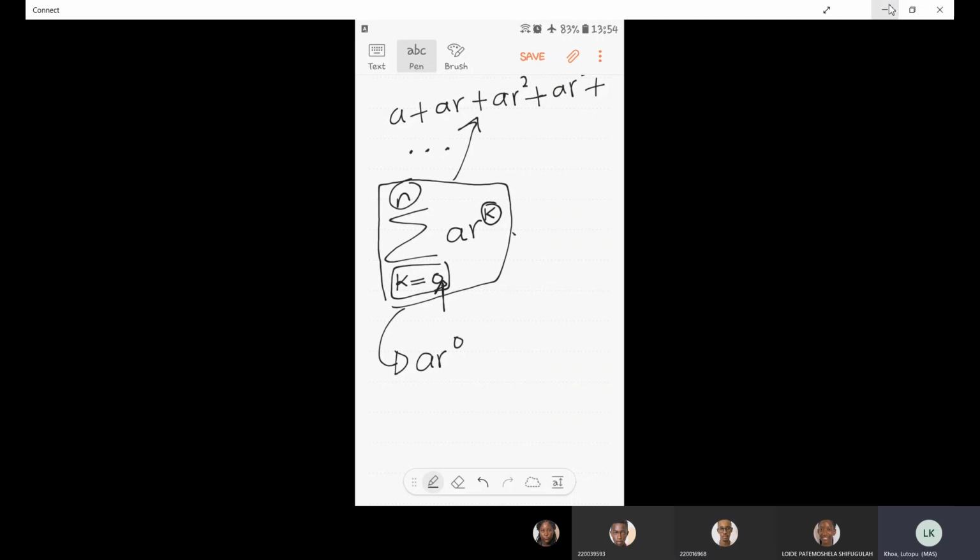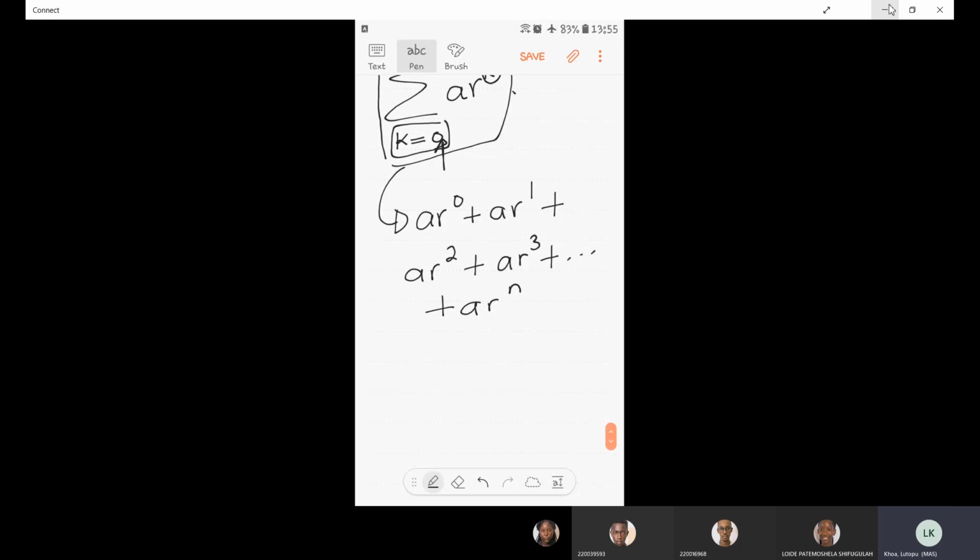So the first one, you start k is 0. Then the next step, you substitute k is 1, so you have a r^1. Then the next one, k is 2, a r^2. Then after that, k is 3. And then you keep going until you get to your n over there. So you'll only stop when you get to a r to the power of n.